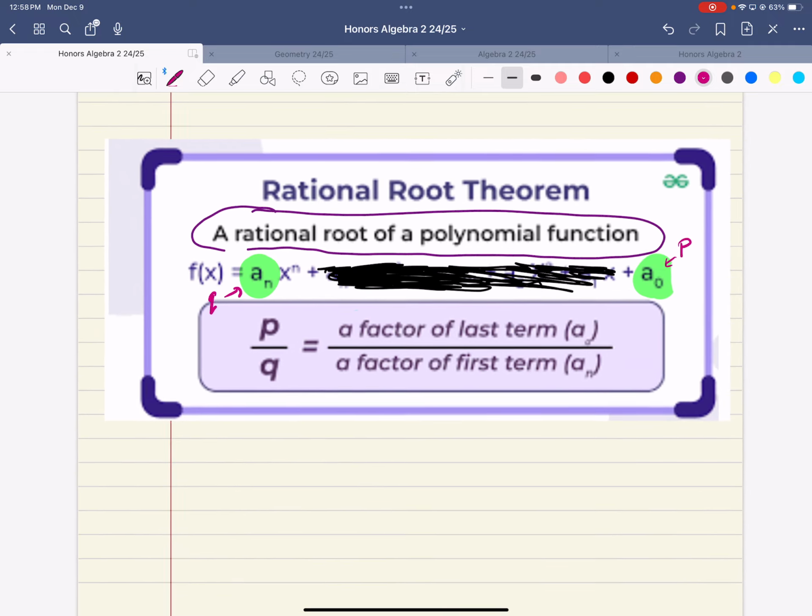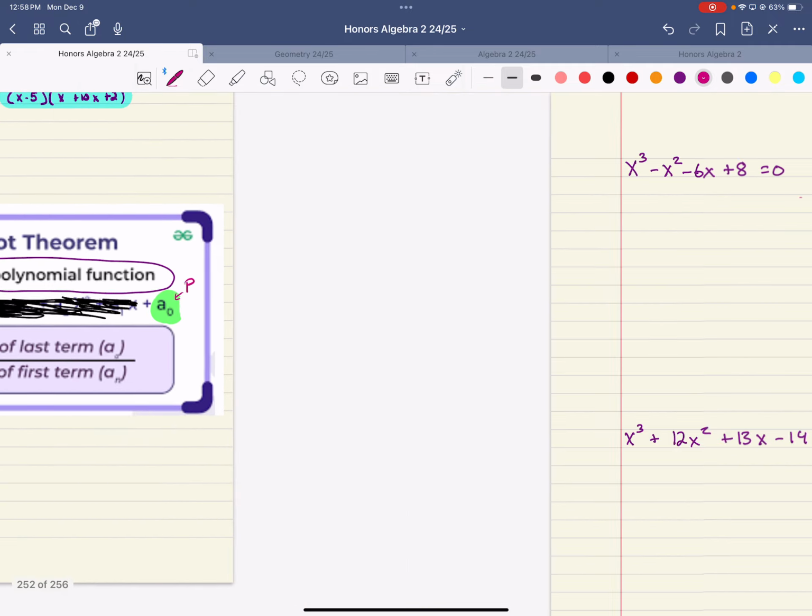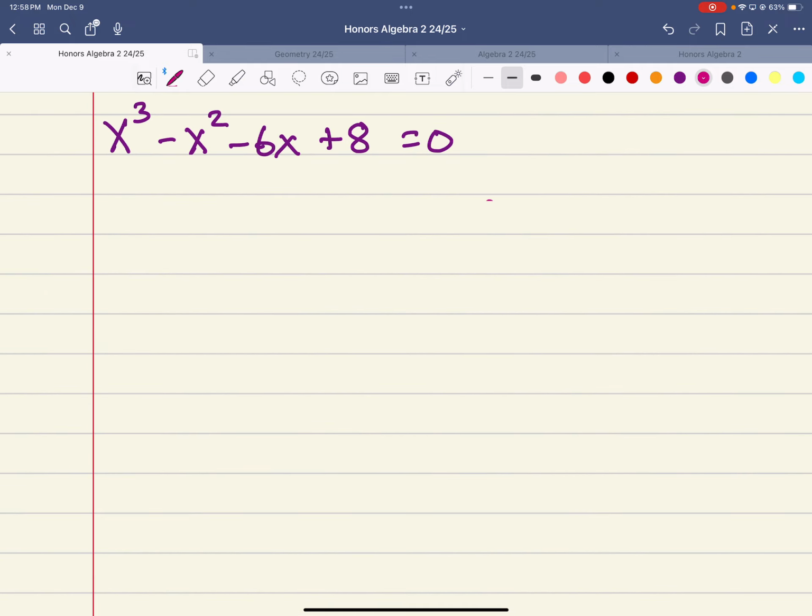So now if we go ahead and look at the next example, I've got x cubed minus x squared minus 6x plus 8 is equal to 0. Okay, so now this time it equals 0, so we're not only going to factor this, but we're also going to find its zeros.